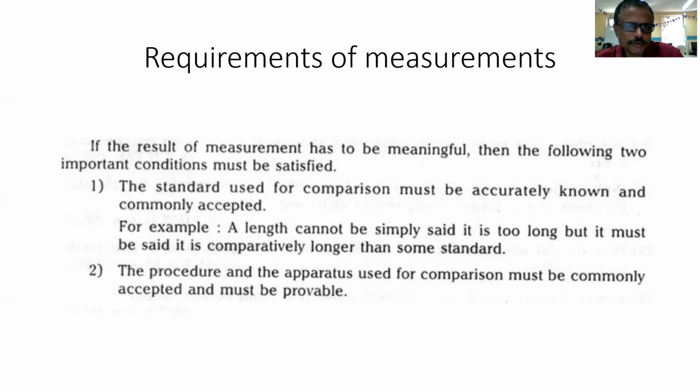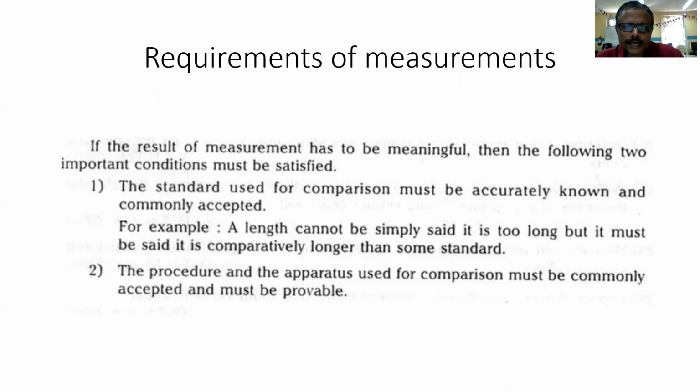So what are the requirements of measurements? Measurements have two requirements. One thing is the standard we use for comparison must be accepted internationally, that is worldwide, and it should be very accurate.